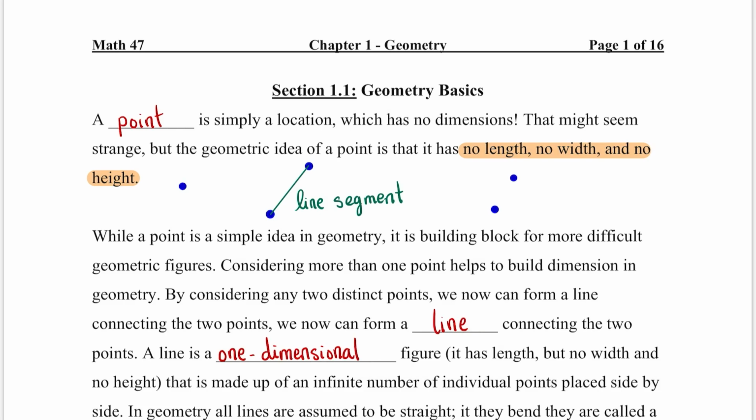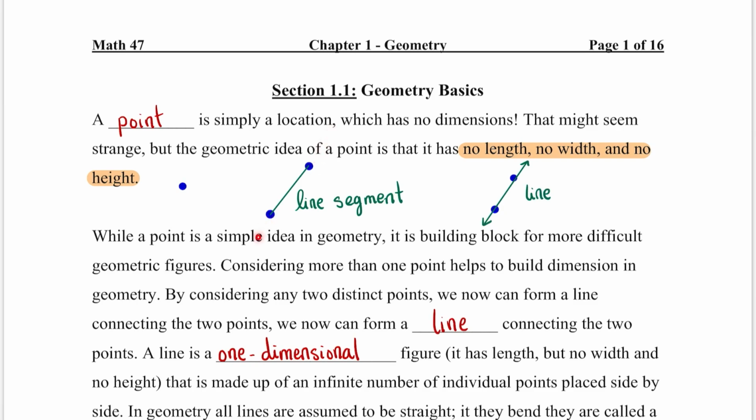If I have the other 2 points, and then I connect these 2 points to get a line, but my line goes beyond the 2 points, this is called a line. The difference between the line segment and the line is that the line segment stops at the 2 points.